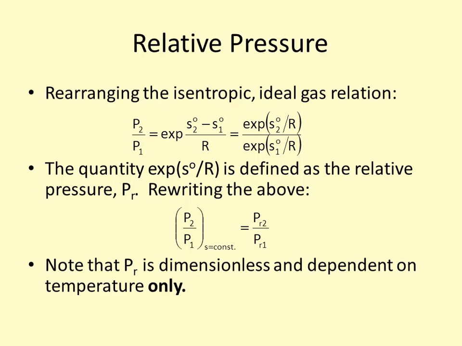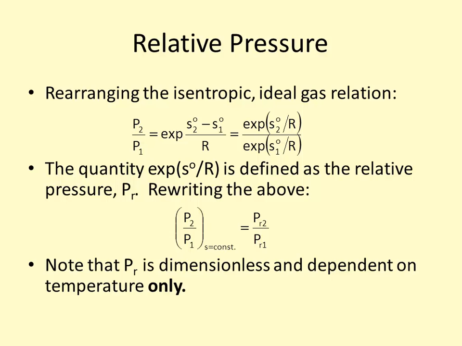We just flip it over, where you would usually see it: the exponent of the natural log of something is equal to something. It's how you get rid of the natural log, the letter e raised to the power x. Okay. So this term here, we are now calling the relative pressure.